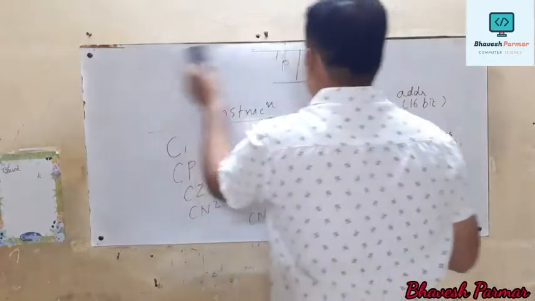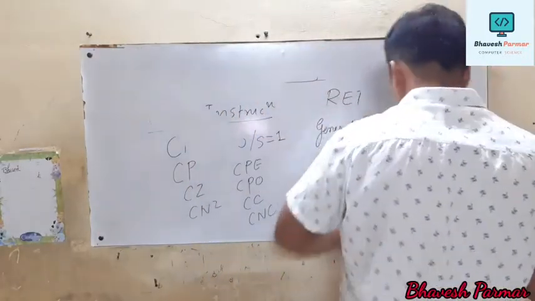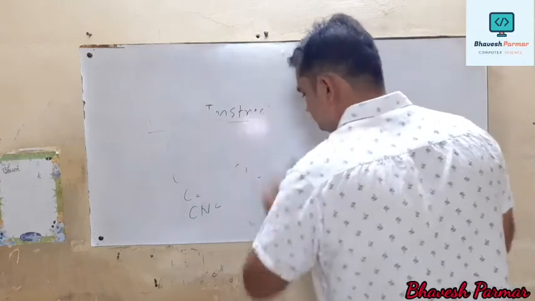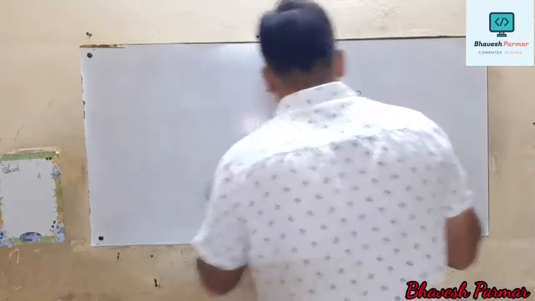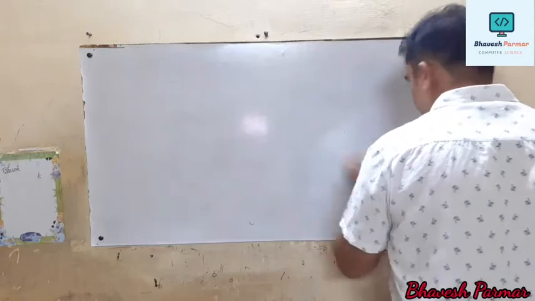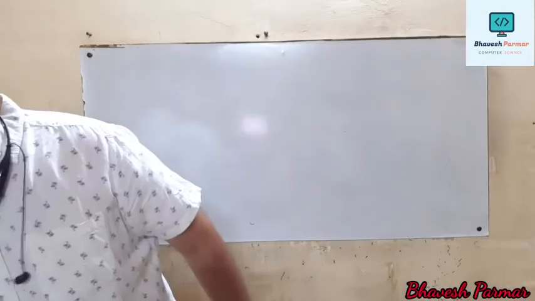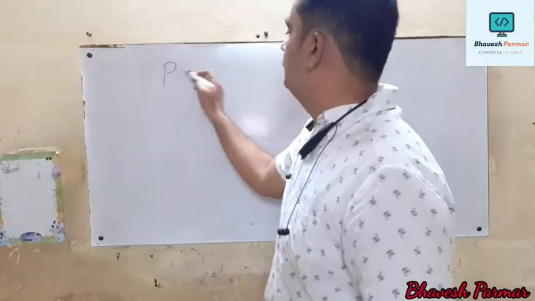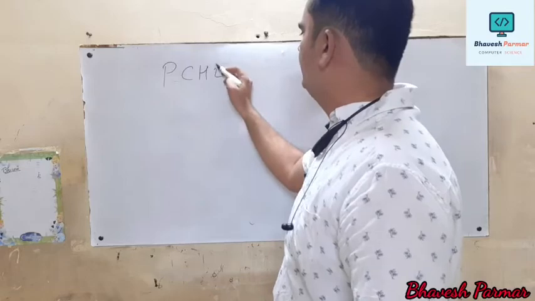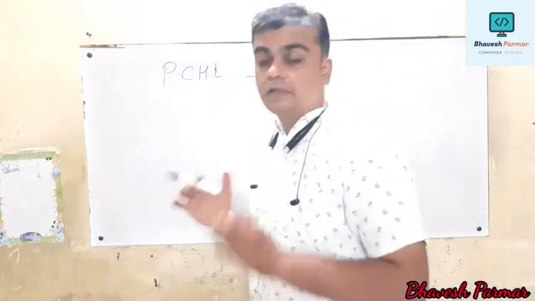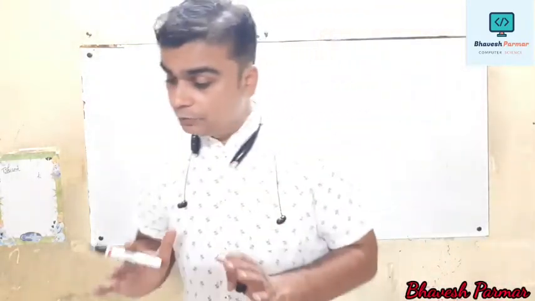Now our last instruction in this group is called PCHL. So what do we mean by PCHL? PCHL, just this is given, thereafter nothing will be there. So what to do?